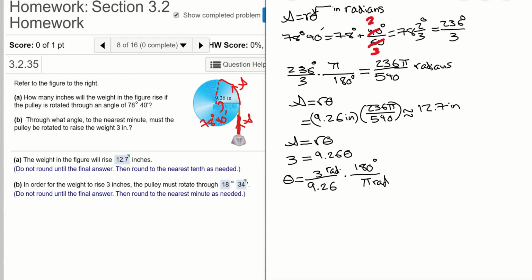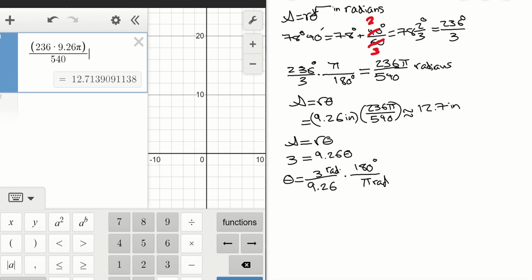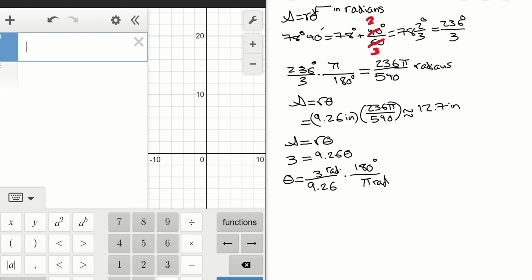So now we're just going to go back to our calculator and calculate 3 times 180.